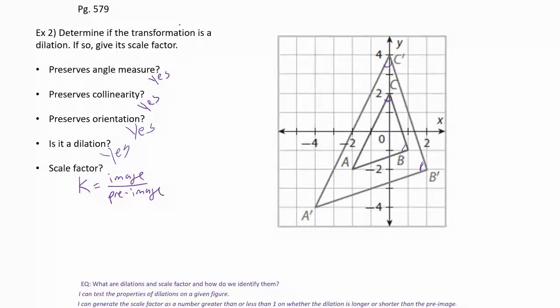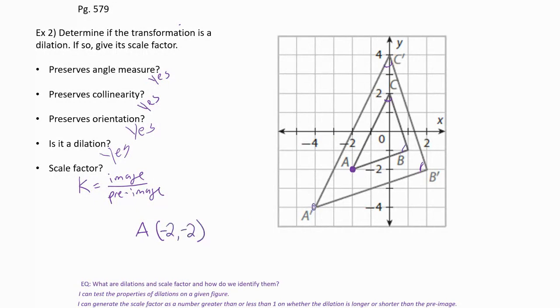But since we don't know the length of any of these sides, we're going to have to use a different method. And I like to look at the coordinates. So I'm just going to take this coordinate right here, which is coordinate A. So we're going to start with our A. And I'm going to give you that it is (-2, -2).